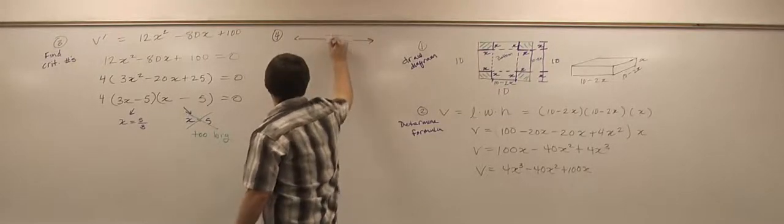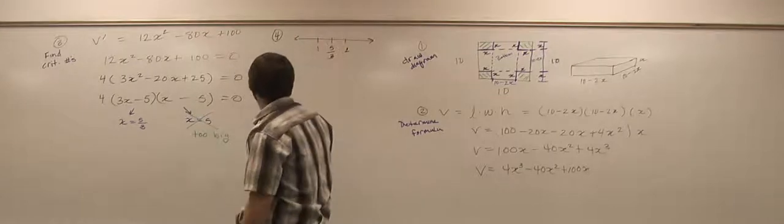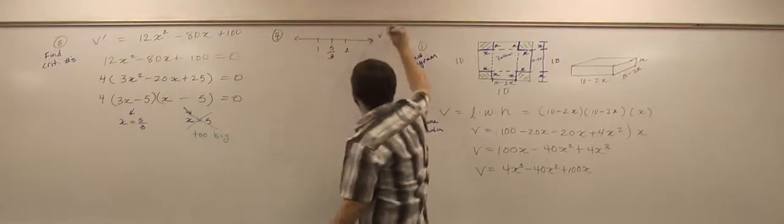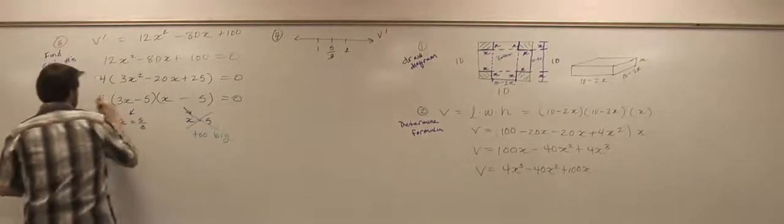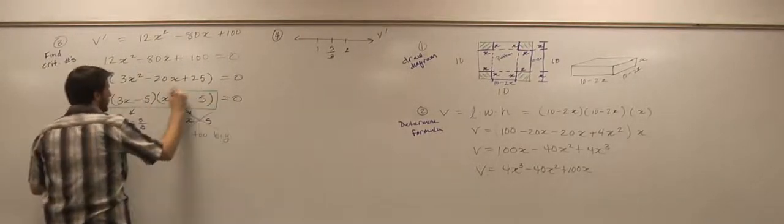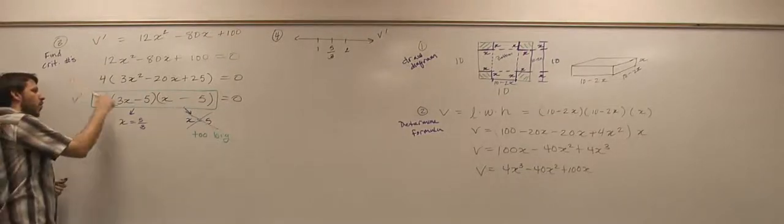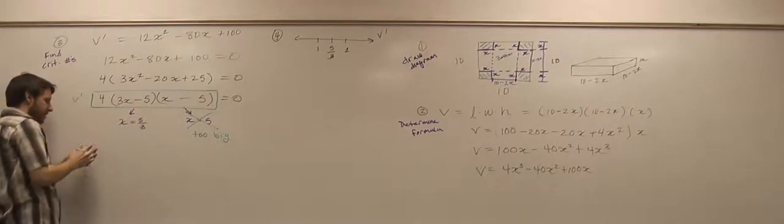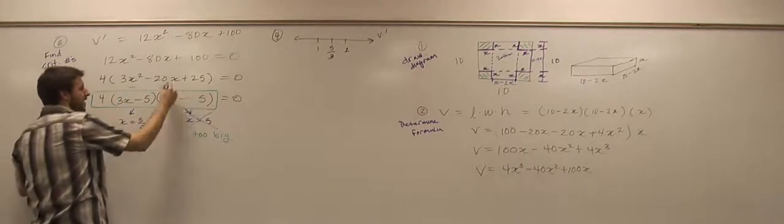Here's 5/3. I want to know what happens at 1 and what happens at 2 in the derivative. Here's the factor form of the derivative. So when you plug in 1, 3 minus 5 is negative. 1 minus 5 is negative.